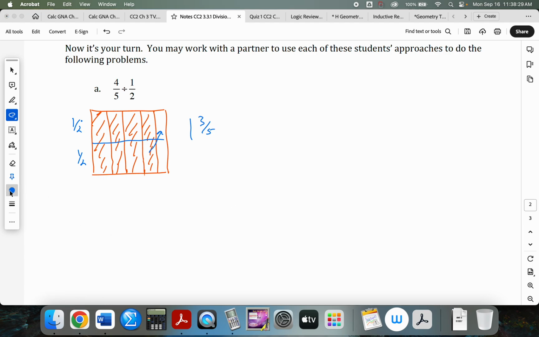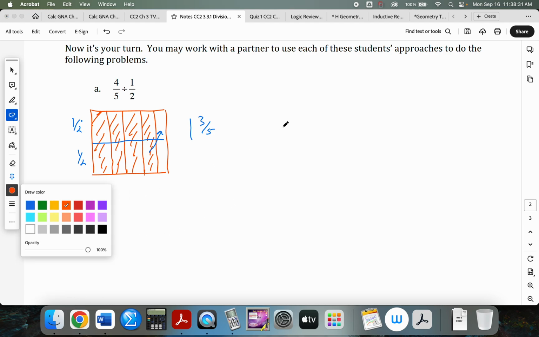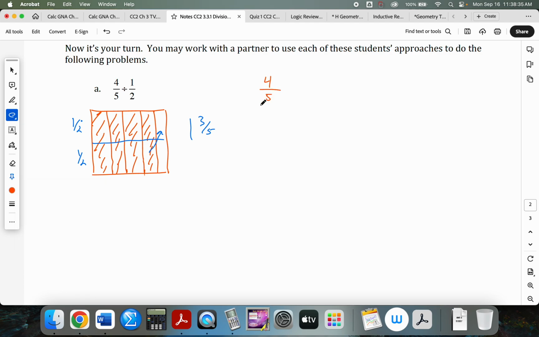So let's do it the other way. So if we have 4/5 divided by 1/2, our supergiant 1, as they like to call it, is always going to be the reciprocal of whatever's in the denominator, so I can get rid of it.